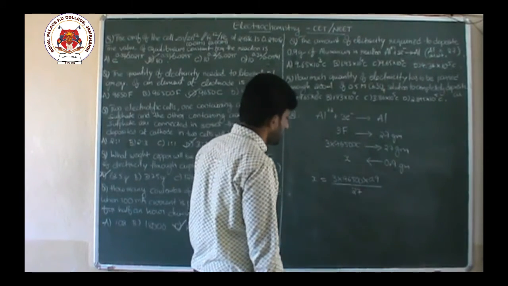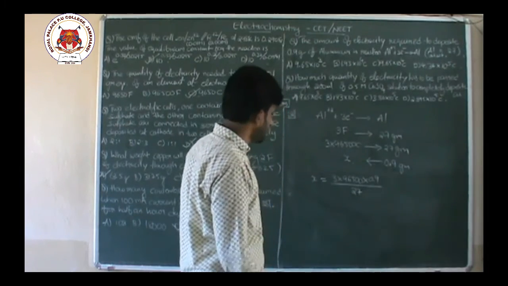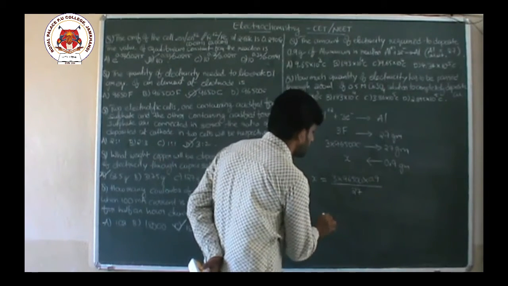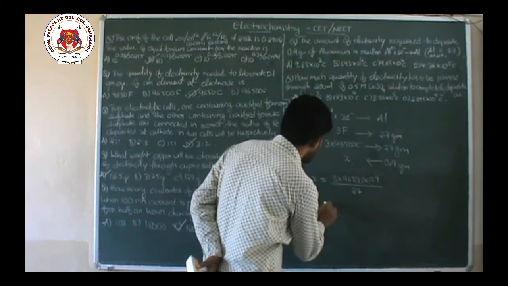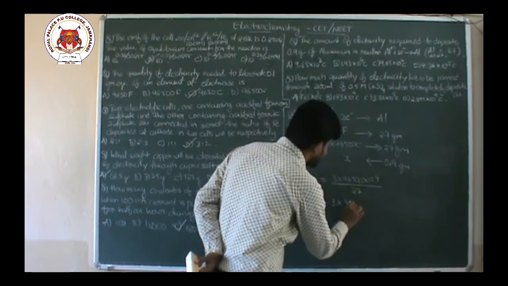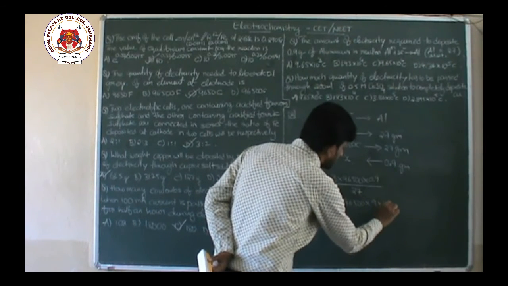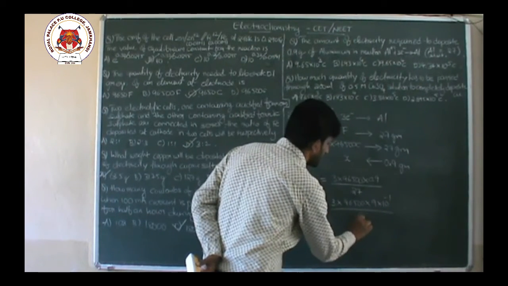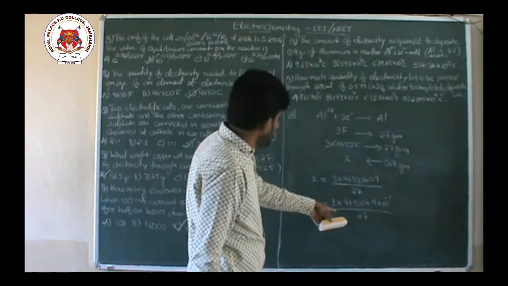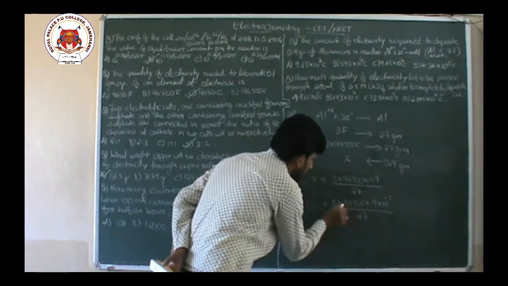So 3 into 96,500 into 0.9 by 27. Okay, so if I do this problem, then for simplification I am writing 3 into 96,500 into 9 into 10 raised to minus 1, I can write 0.9 just for simple calculation. Now that means I can write this one as 9 into 3.